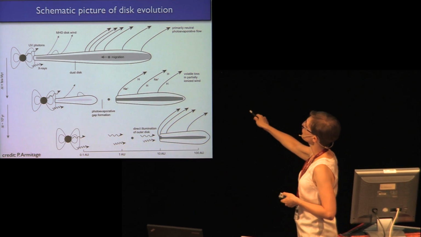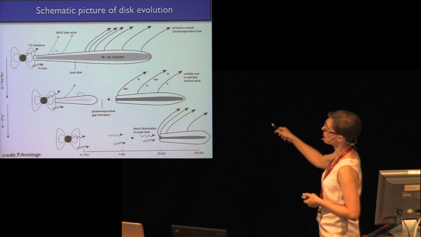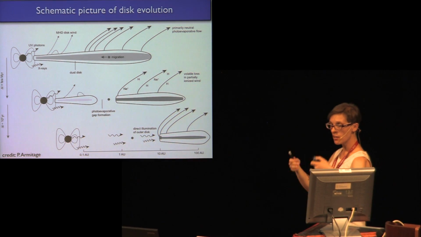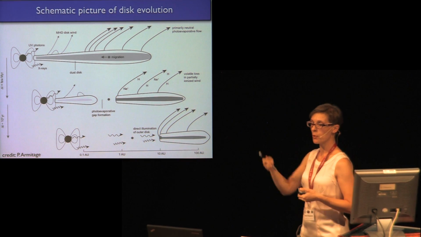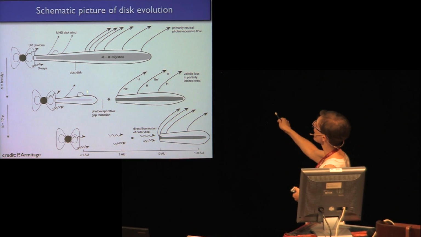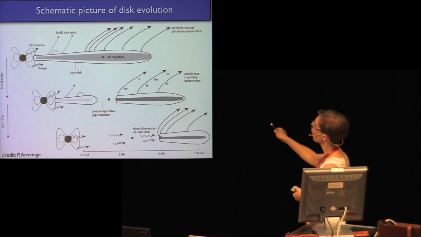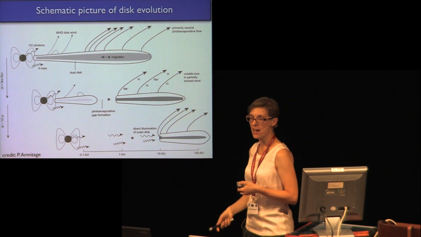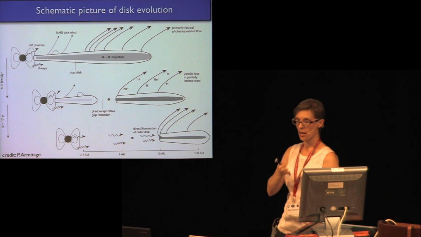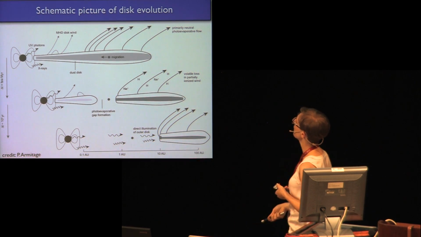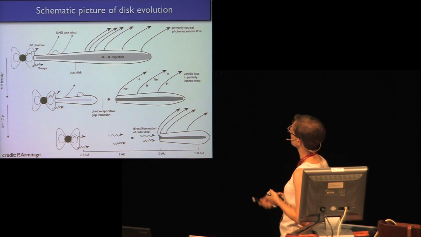Then, after a lifetime of a few or up to several million years, the mass accretion rate has decreased such that photoevaporation can take over viscous accretion, and then we have the opening of a gap, and we put there a planet because, again, we want to emphasize the coupling between planet formation and the disk clearing mechanism.